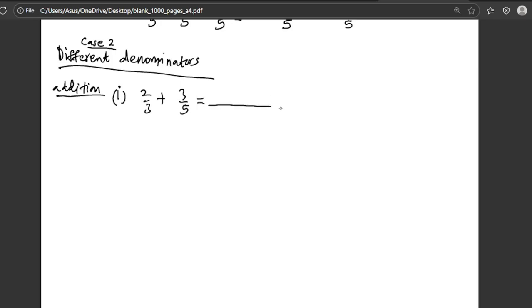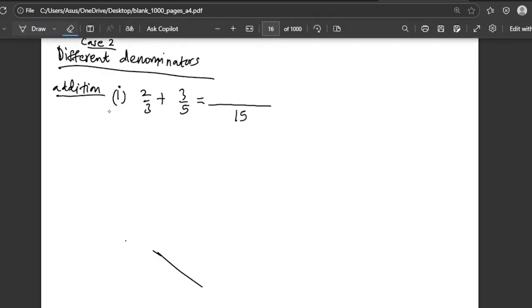The LCM of 3 and 5 is 15, so we write the denominator 15 here.